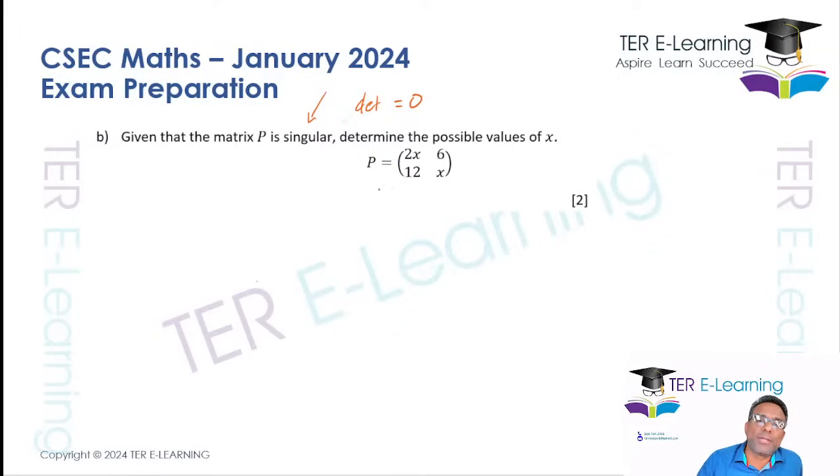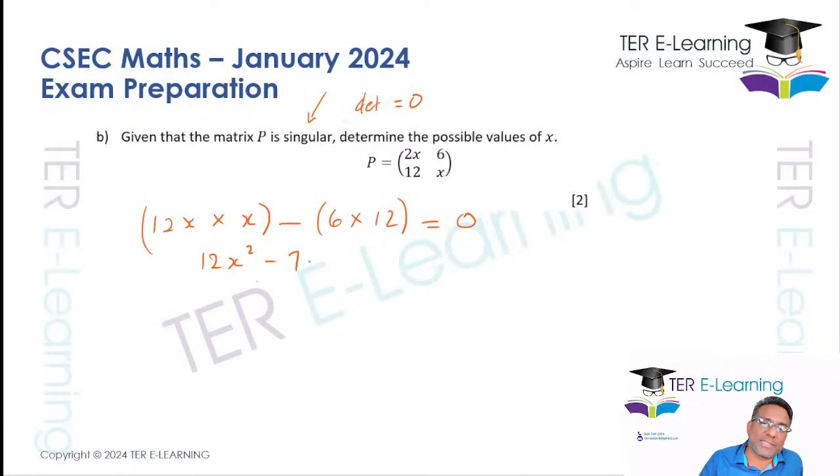So all you're going to do, if you want to figure out the value of x, you're going to say 12x multiplied by x, right, minus 6 by 12, right? That's how we calculate the determinant, but you know that the determinant is equal to 0. So this is going to be 12x squared minus 72 is equal to 0.